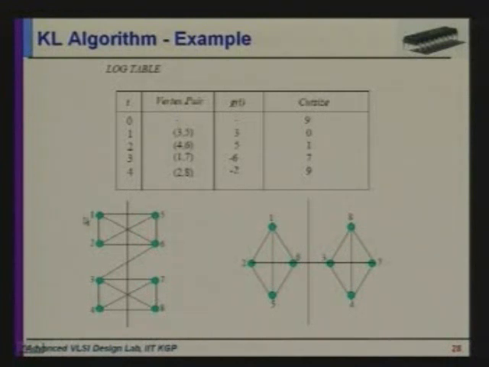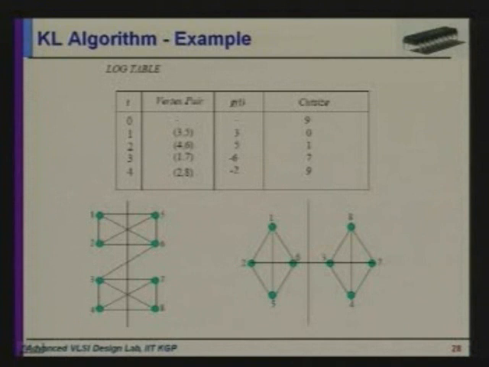So 5 goes to the left partition, and 3 goes to the right partition, right? Because the gain is 3, the number of wires or edges crossing the partition reduces by 3. Got it? Fine. Then the cut size will be 6, right?